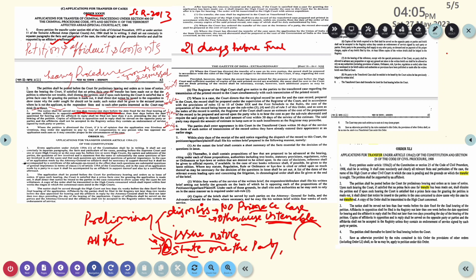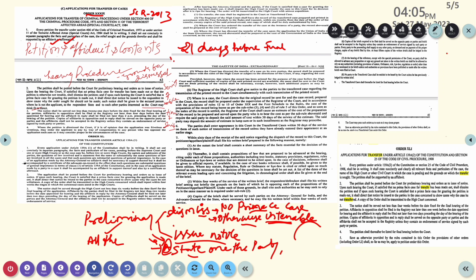Then, the affidavit in opposition shall be filed in the registry not less than 4 days before the final hearing. That means 21 days' time is there; before 21 days it should reach the respondent.